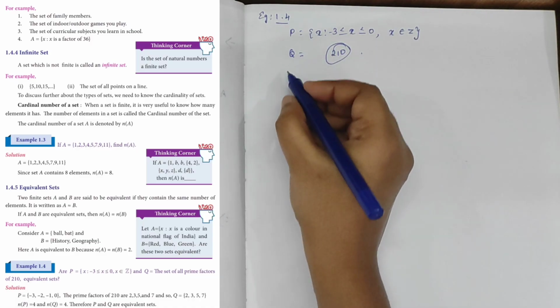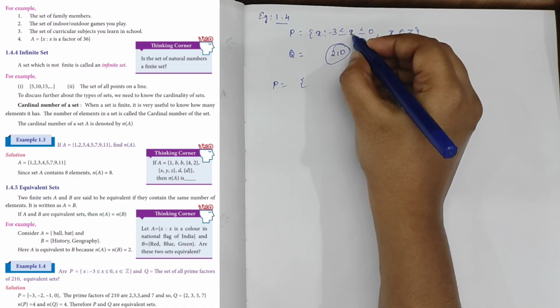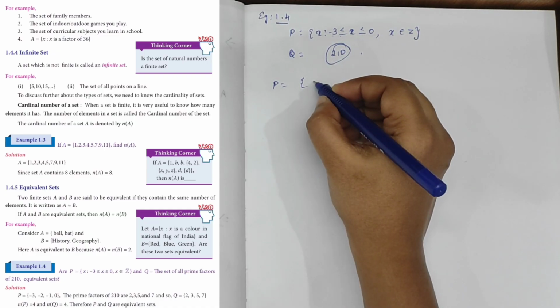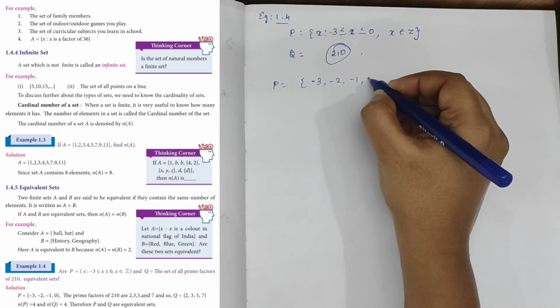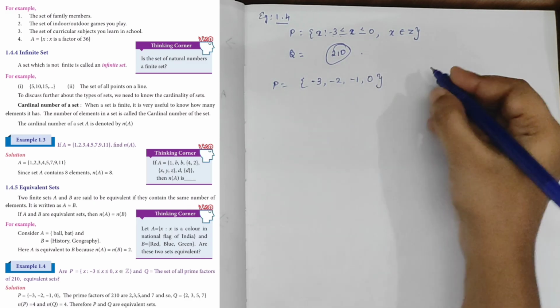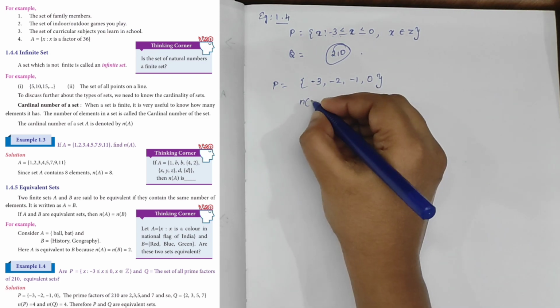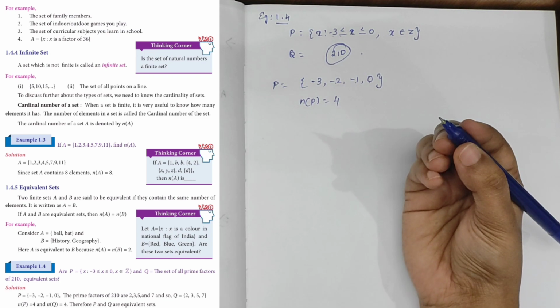Okay. So let's find the answer for P first. P is equal to {x such that x is greater than or equal to -3}. So we have to start from -3, -2, -1, 0. Look here, less than or equal to 0. So we have to stop at 0. So therefore n of P is equal to 1, 2, 3, 4. 4 elements. So 4. Okay.